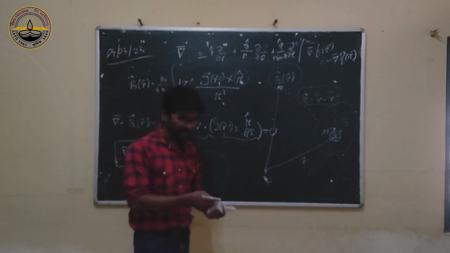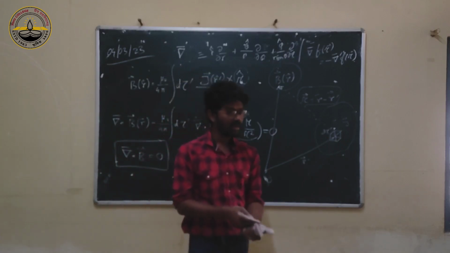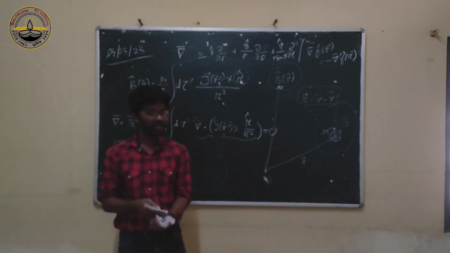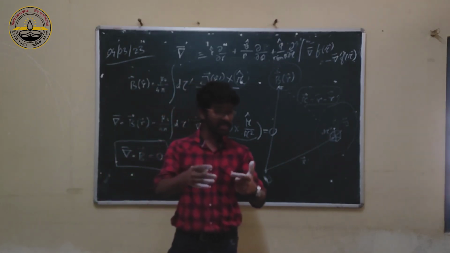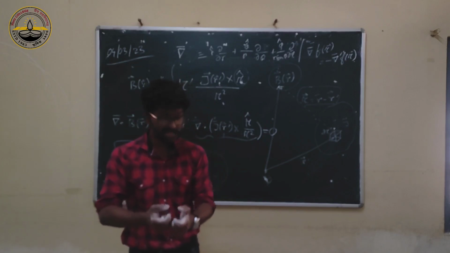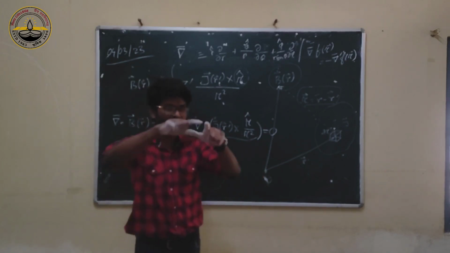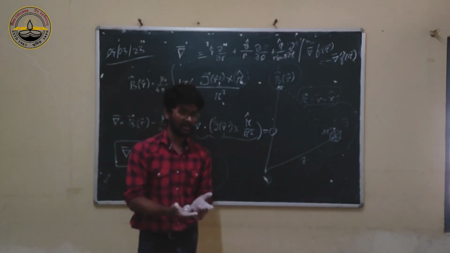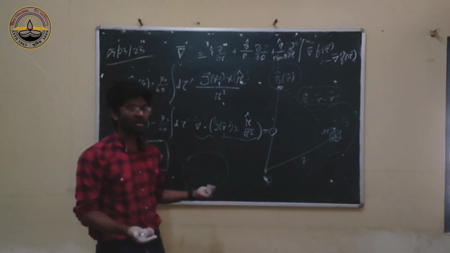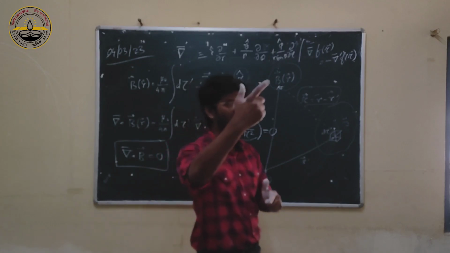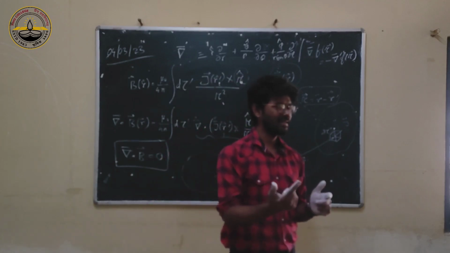Like electric field is a vector field. B is a magnetic vector field. So the meaning of divergence is how much this vector field is diverging out of the surface that you have taken. And divergence 0 means whatever is coming out is entering again.